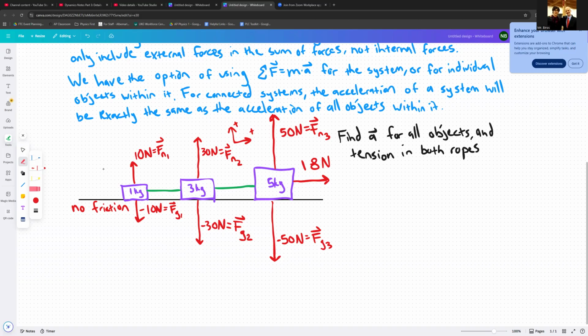So maybe in concept, if you run into friction in one of these, it would be more of a conceptual thing of like, if this happens where the friction changes, or there's more friction or less friction, how does that impact the acceleration of these objects, right? So you could consider, what if the surface of the floor got more rough or less rough, and all of a sudden now I have some friction?